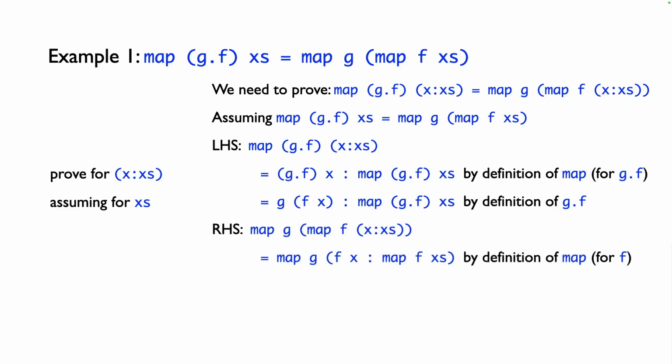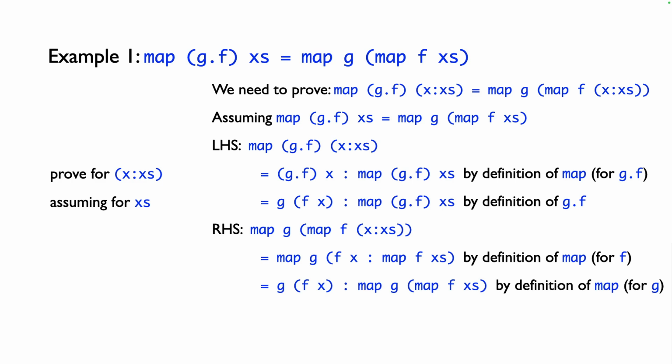That is map of g applied to map of f on x cons xs. And that, by the definition of map for f, is equal to map of g applied to f of x cons map f xs. And then by the definition of map for g, we get this is equal to g of f of x cons map of g applied to map of f xs.